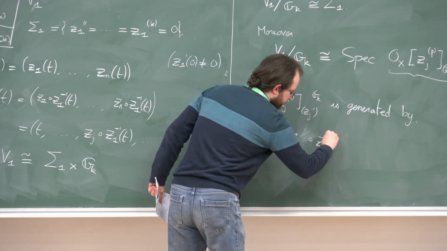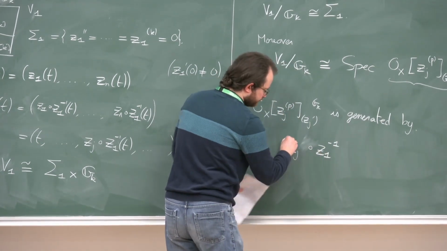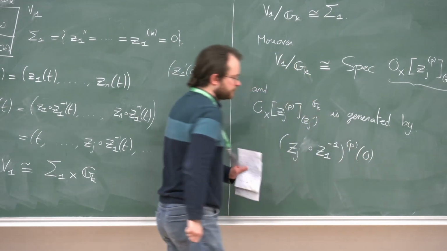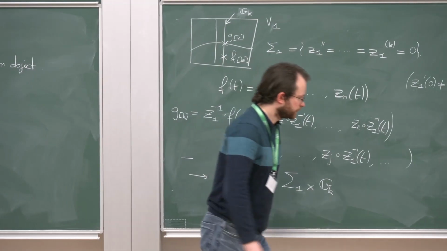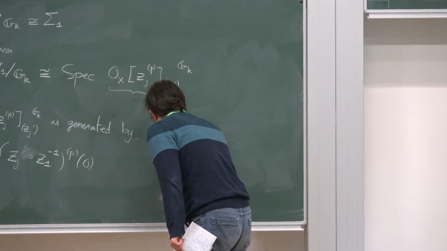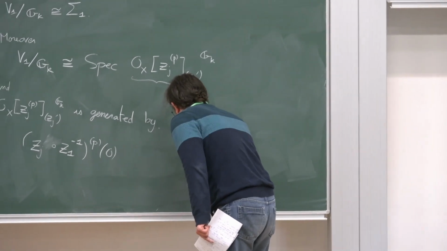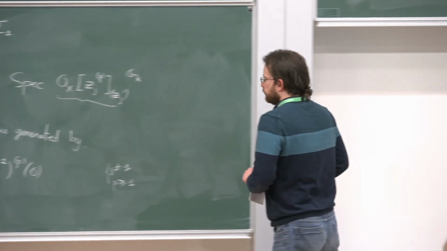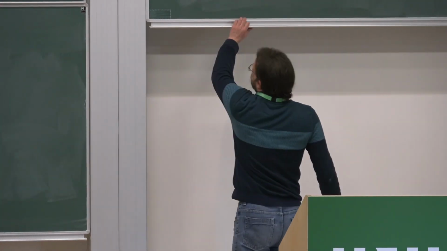You take Z_J rho Z_1 minus 1, you differentiate it p times, and you take the value at 0. And this holds for, say, g different from 1, and any p, actually.